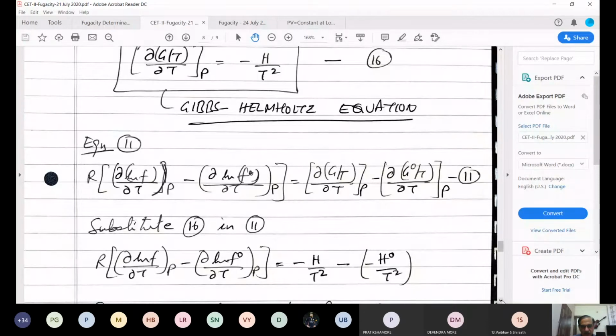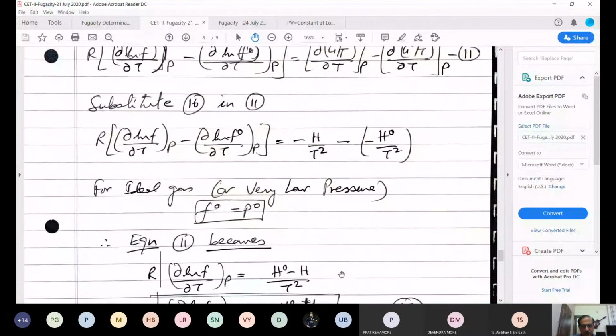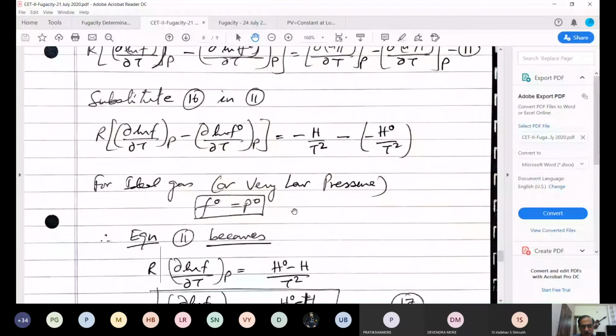But we know that for ideal gas, F0 is equal to P0, right? Low pressure पे fugacity is equal to pressure. So equation 11 will become this equation. This is 0.